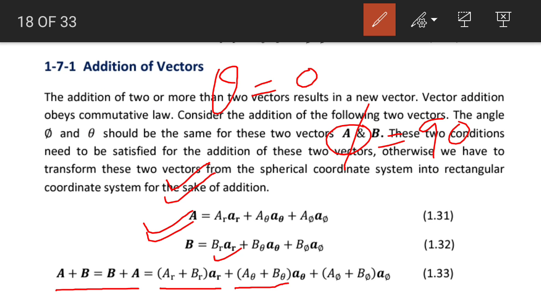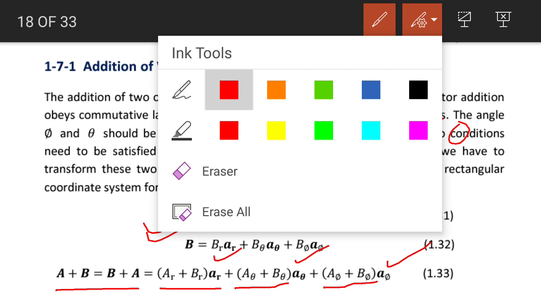The component of the resultant vector in the direction of a theta will be equal to a theta plus b theta. The component in the direction of the unit vector a phi will be equal to a phi plus b phi. This is how we add two vectors in the spherical coordinate system.